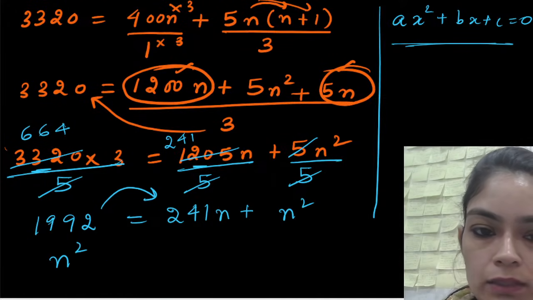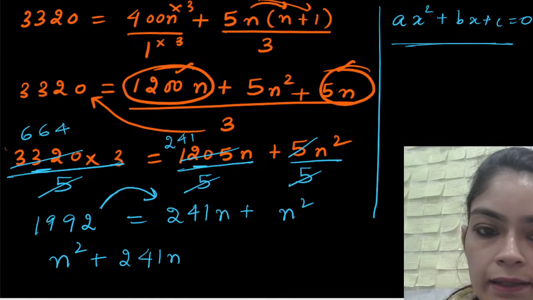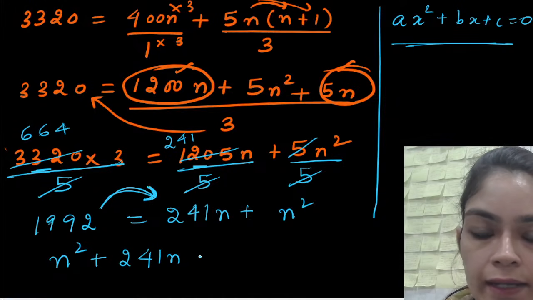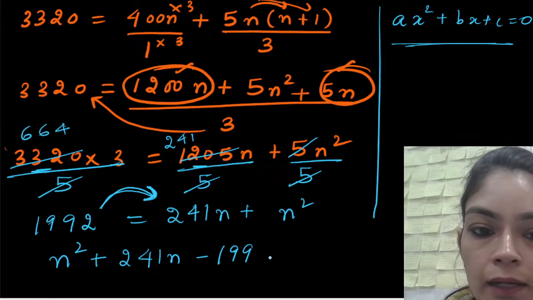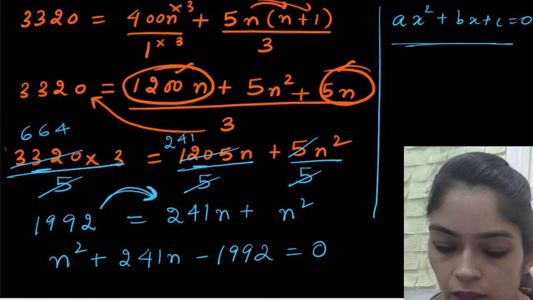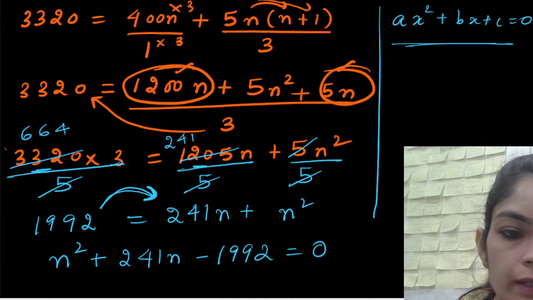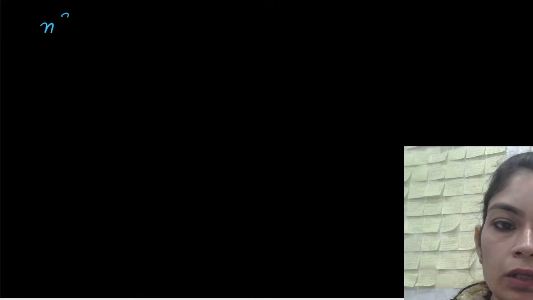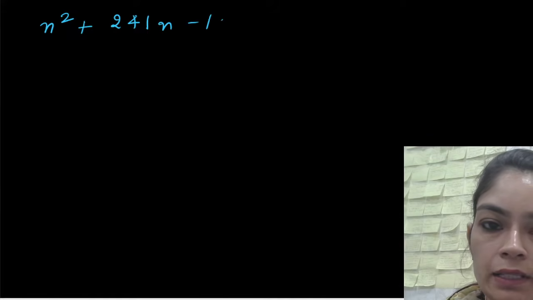I'll get n square plus 241n, and this 1992 I am shifting to this side, so it will be minus 1992 equals 0. So the quadratic equation I got now is n square plus 241n minus 1992 equals 0.